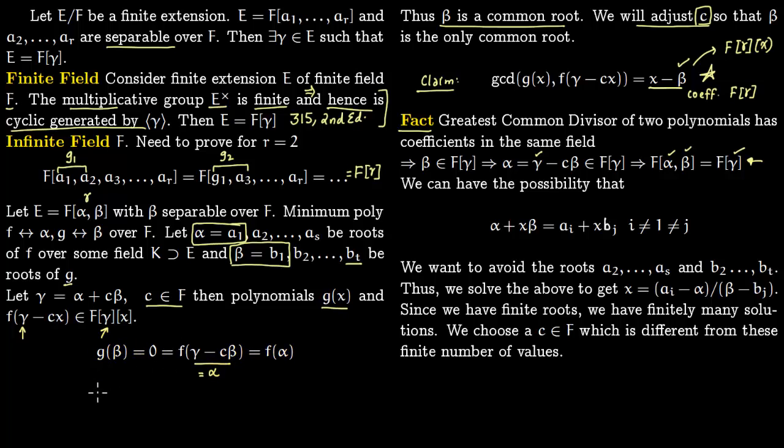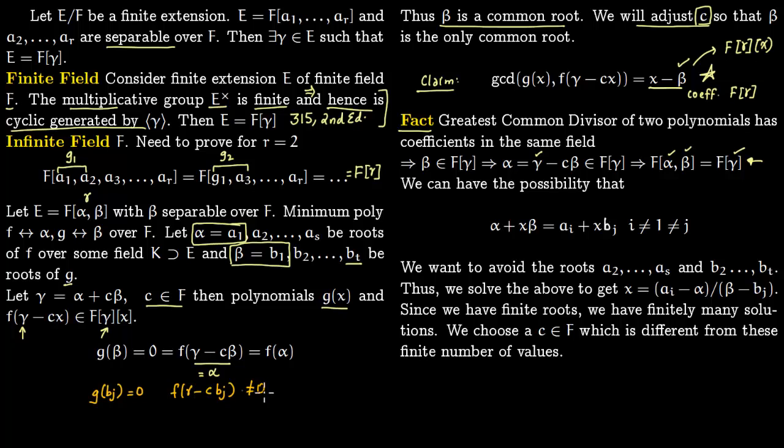We could have, say, g of some root b j. This will be 0. And if you correspondingly plug in here, you will get f of gamma minus c b j. Now we do not want this to be equal to 0, because if this is equal to 0, then you will have another common root, which is b j.